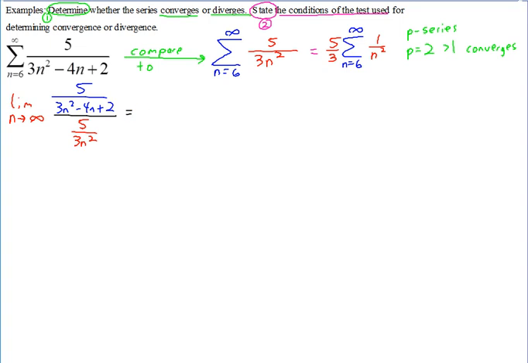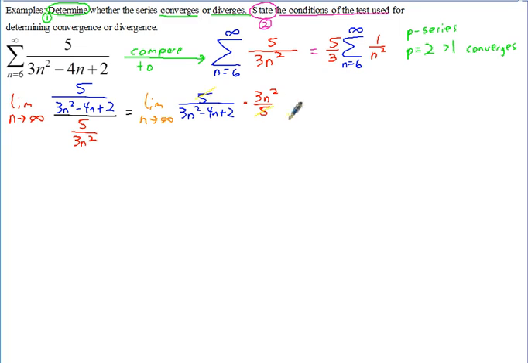But that's the same as the limit as n approaches infinity of 5 over 3n squared minus 4n plus 2 times the reciprocal, 3n squared over 5. All right, then let's see what simplifies there. You can see the 5's reduce out.